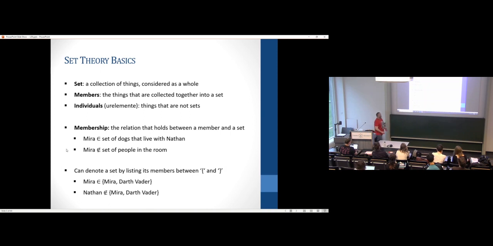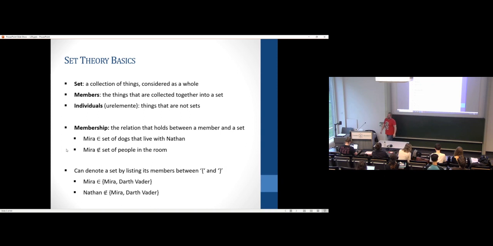This is a relation that holds between a member, an element, and a set. Now again, let me stress, the things that can be on the left can be individuals. They can also be other sets, because sets are objects too. But the thing on the right always, always, always has to be a set. You gotta be a group.